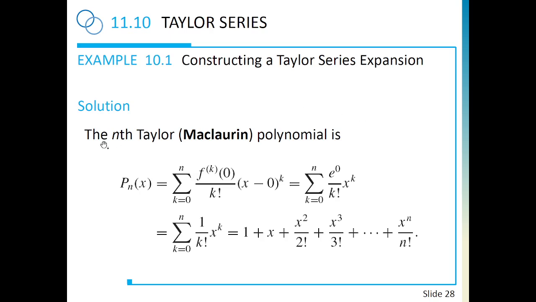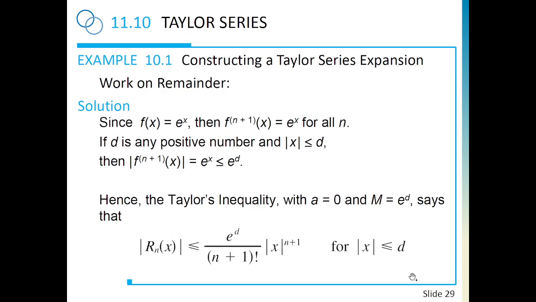So here if I take the nth polynomial, so I essentially stop at n, so nothing special there. The formula said the next derivative here needs to be smaller than some number. So then the derivative is exponential x obviously for all values. On any given interval, exponential x is smaller than the upper bound of the interval.